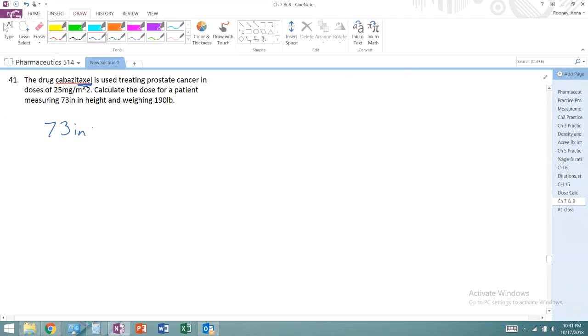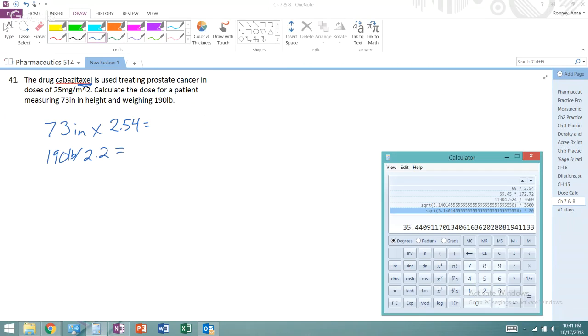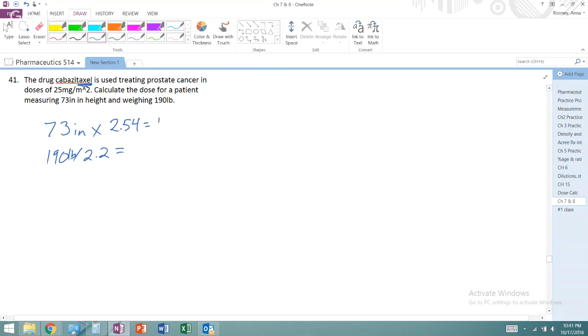So we've got to find this in centimeters, and remember to label stuff, because then later you'll know what you're looking at. So 73 times 2.54 is 185.42 centimeters.